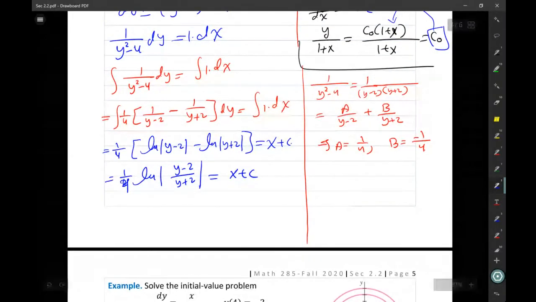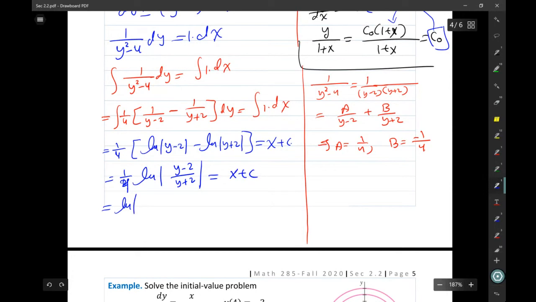Now multiply both sides by 4: ln absolute y minus 2 over y plus 2 is equal to 4x plus a constant called c naught, where c naught is equal to 4 times c. Can we find y, or we cannot?